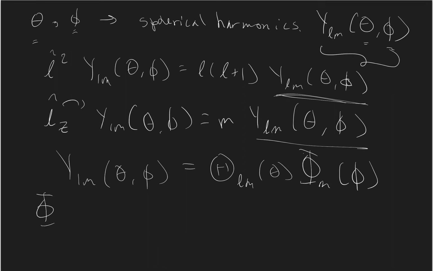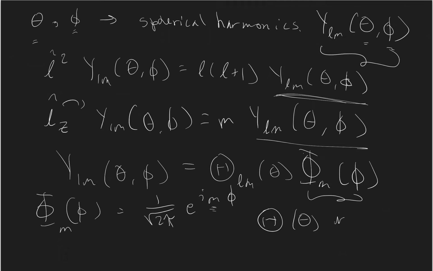This phi term here is going to be a function of little phi, the angle, decomposed here for the nth eigenvalues, and this is going to equal basically a normalization constant in front of e to the i m phi, this quantum number that's associated with this azimuthal angle, and this other guy here are the normalized Legendre polynomials.